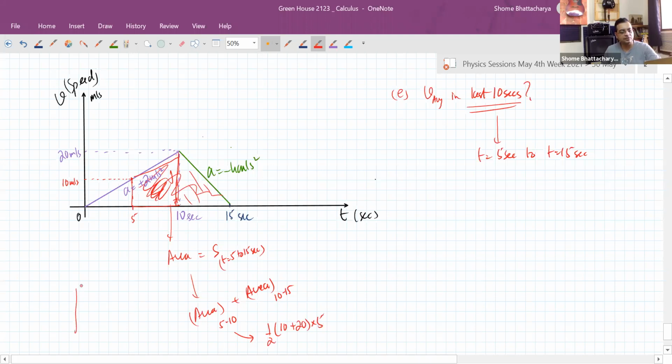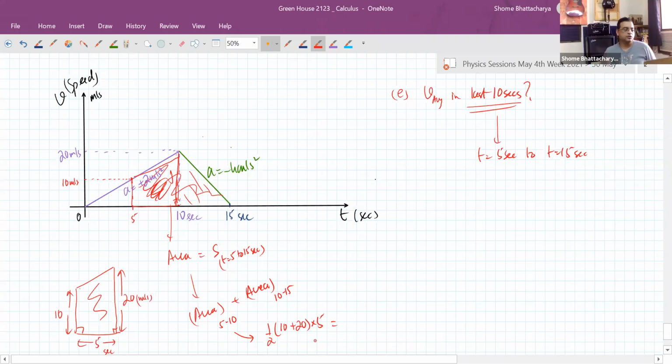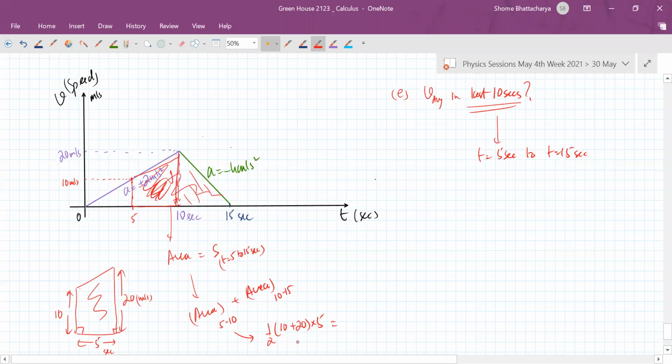The trapezium that I've drawn is like this: this is 10, this is 20, and this is 5 seconds. So is the total 120? I'll just verify it for you. How much is this coming out to be now? 75. Okay.